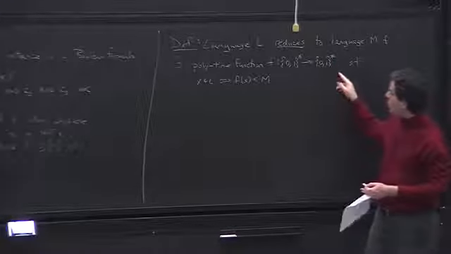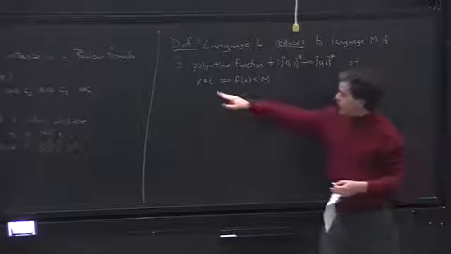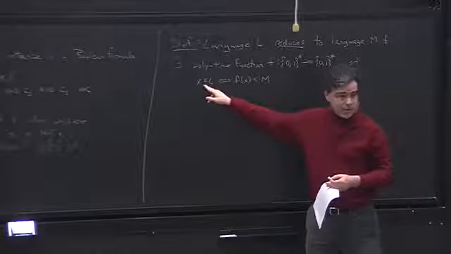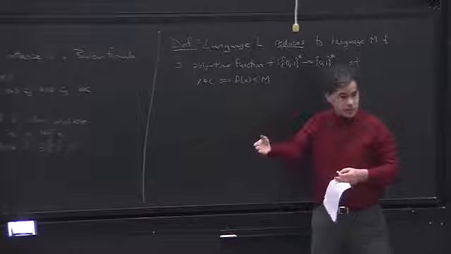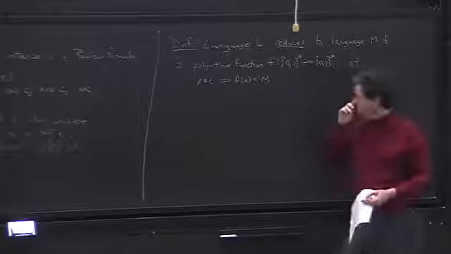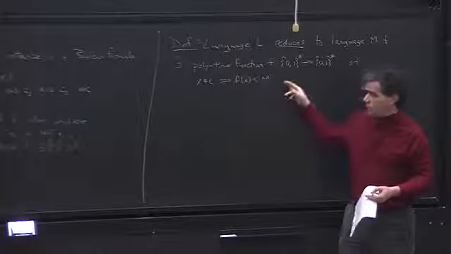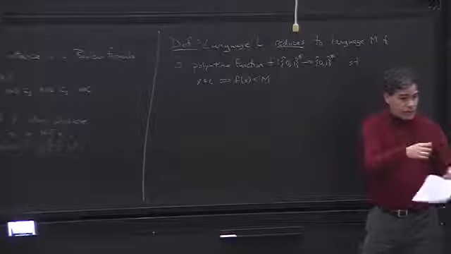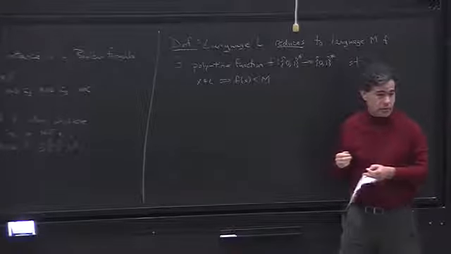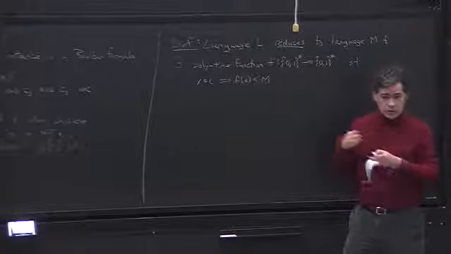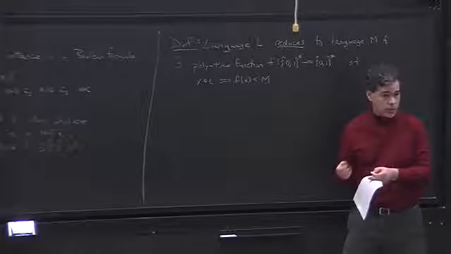But the point is that given any instance, which might be a yes instance or no instance for L, we can convert it into an instance of M. And if it was a yes instance of L, it's now a yes instance of M. If it was a no instance of L, it's now a no instance of M.